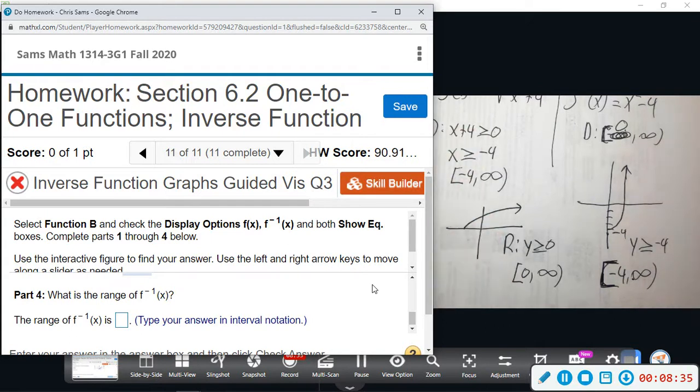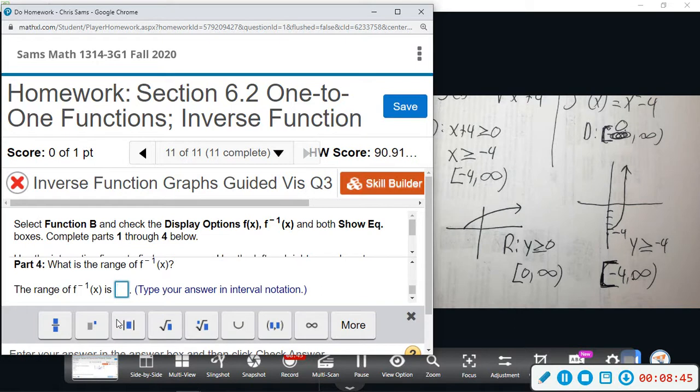So the same thing happens when you do inverse. So that's worth pointing out. If you get one, you get the other for free. Okay, so this would be bracket -4 to infinity, close parentheses.